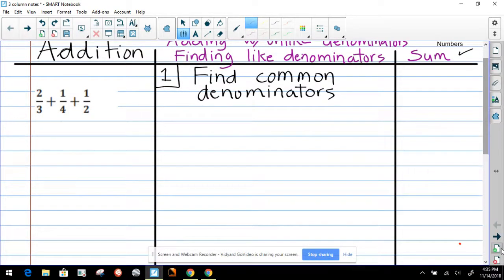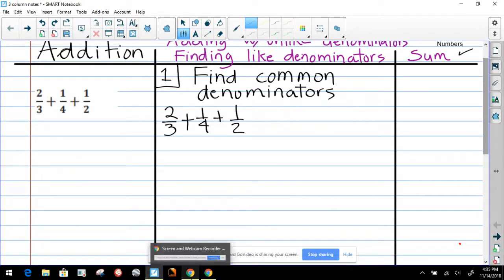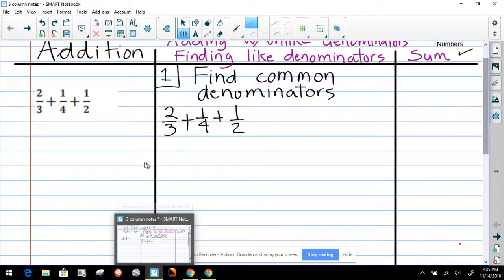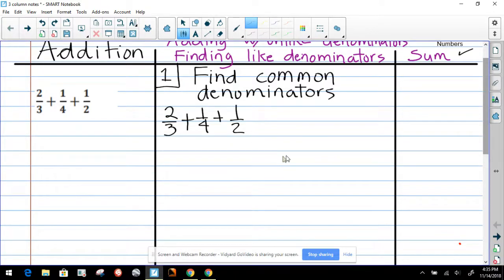So how do we do that? Okay, now, so we rewrite the problem here: 2/3 plus 1/4 plus 1/2. The first thing we gotta do, my friends, is find the large number by which these three denominators can be divided. Let me tell you what I mean by that.